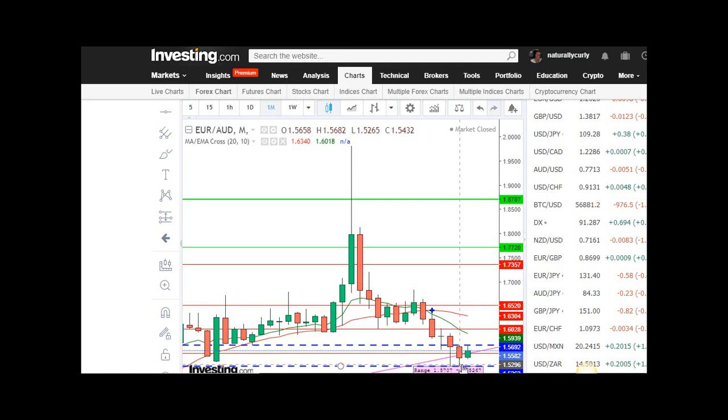Or you can do what I do, which is just buy and hold at the top. And currently I'm not going to place a stop loss, just in case there's volatility that goes against me. This would be my hard stop loss, but I can easily build into the trade.